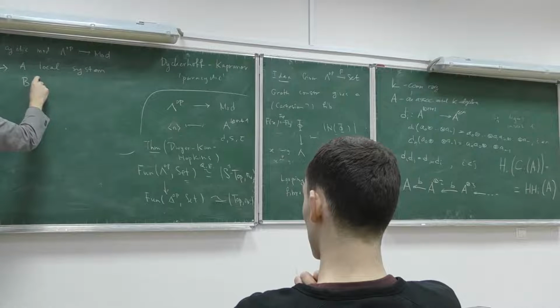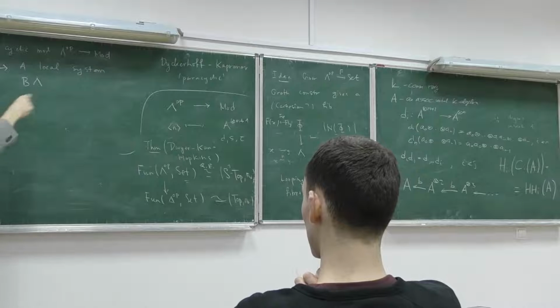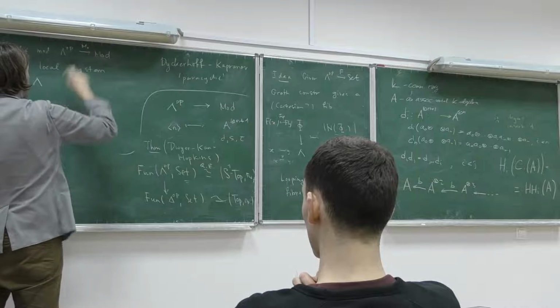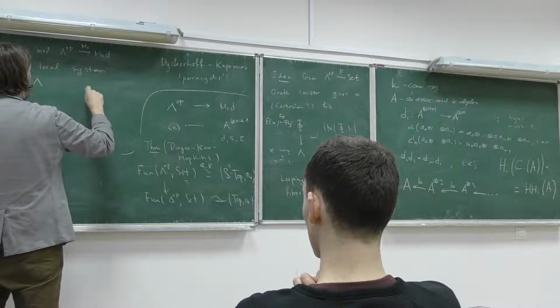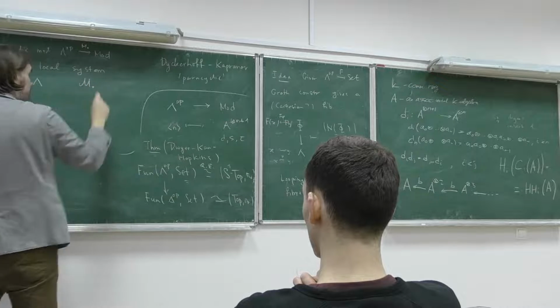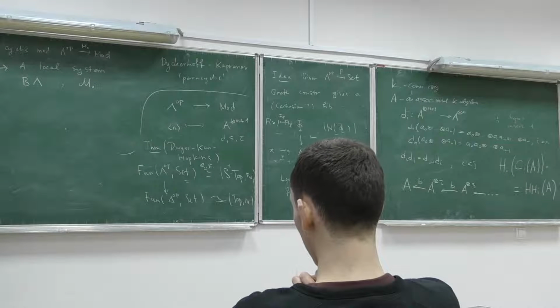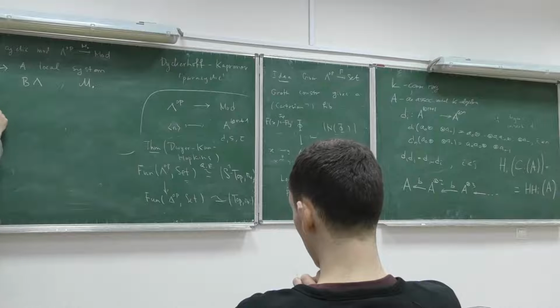I'm just going to write it as B lambda without the nerve and the geometric realization. It gives rise to a local system here. So I call this N dot. Then we'll call the local system script N, which is the same by looping on the fibers.